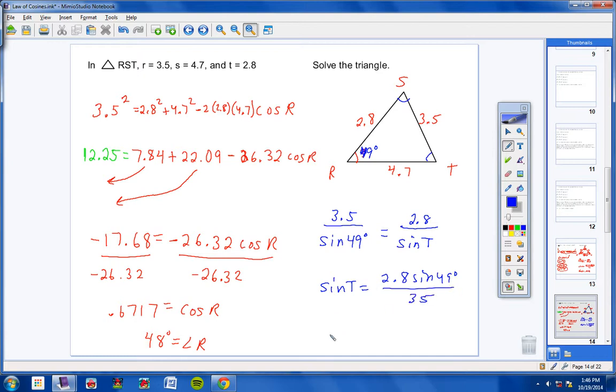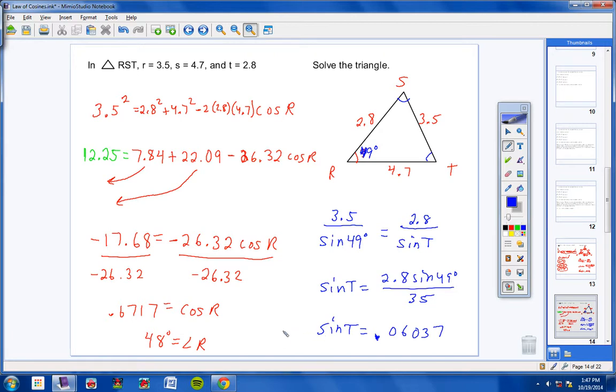So sine of T equals, get my calculator here, 2.8 sine 49 degrees, enter, divided by 3.5, enter, I'm getting 0.06037676664, okay? So now hit second sine, since you're looking for an angle, second sine of that decimal, and you will get this right here.